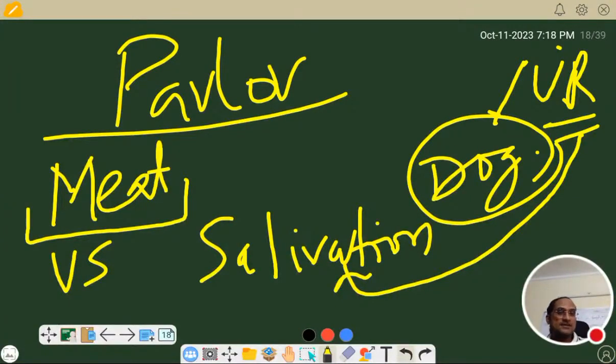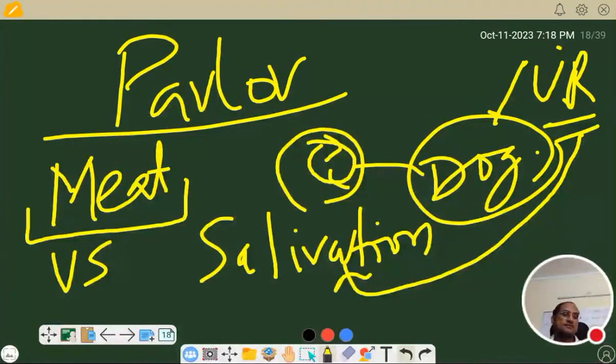What happened? After seeing the meat, inside the brain of the dog runs a loop, a neurological loop running inside the dog's brain.